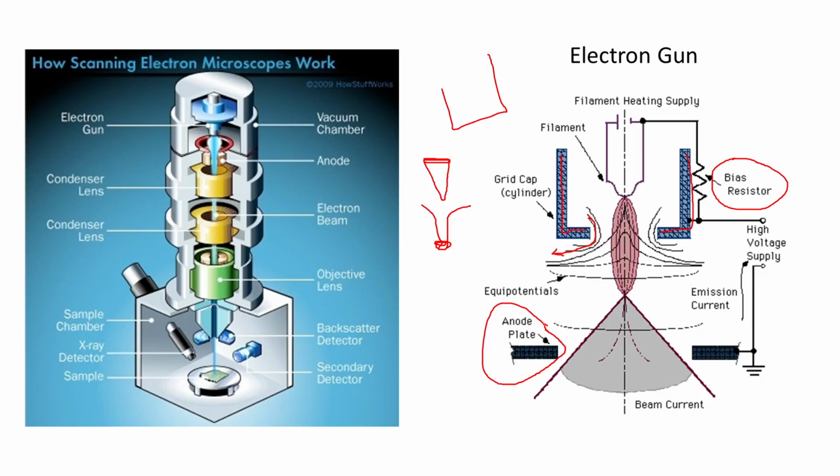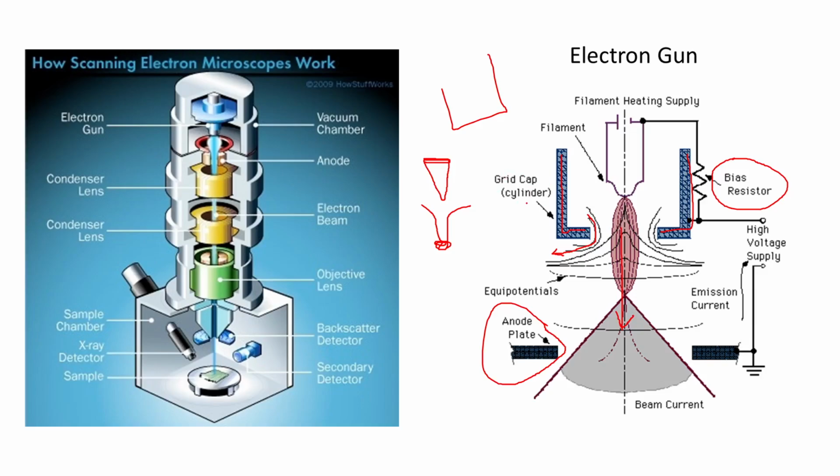This anode plate is positively charged with respect to the filament. So this anode plate will try to accelerate all the electrons which are coming at a certain electron volt energy from the grid cap.